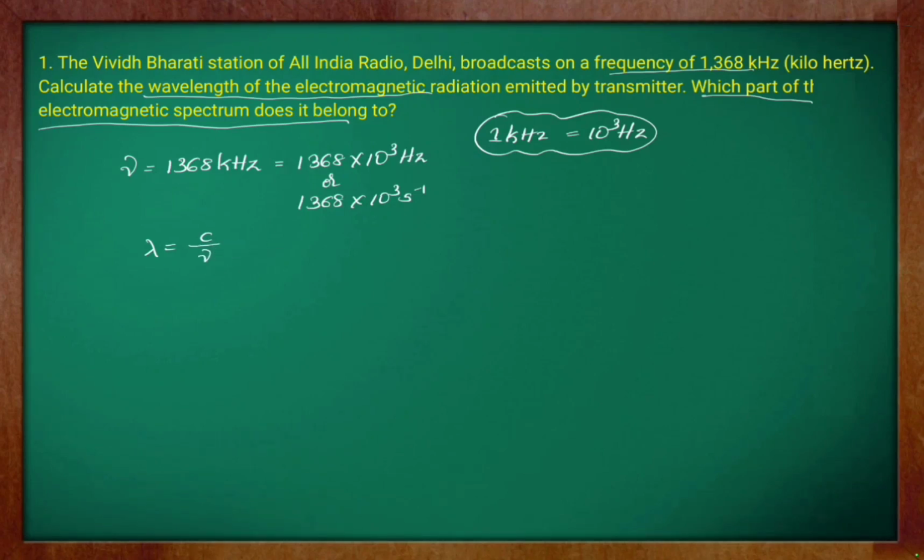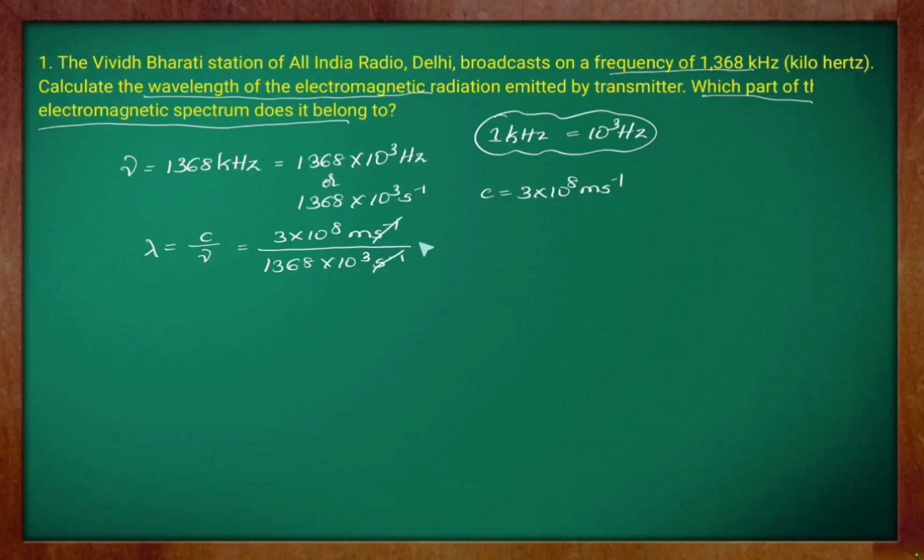where c is the speed of light in vacuum and it is 3 into 10 to the power 8 meter per second. Now let us substitute the values. c is 3 into 10 to the power 8 meter per second. Frequency of the radiation is 1368 into 10 to the power 3 Hertz or per second.